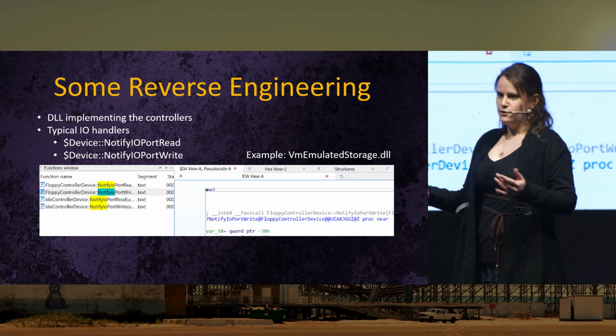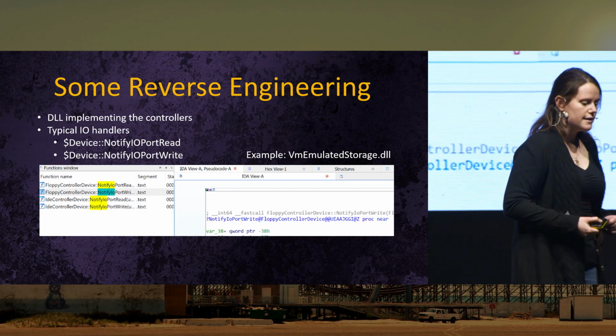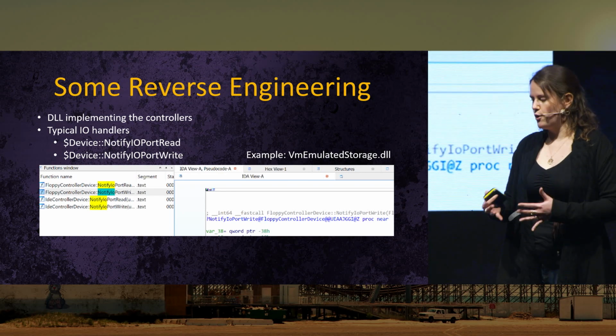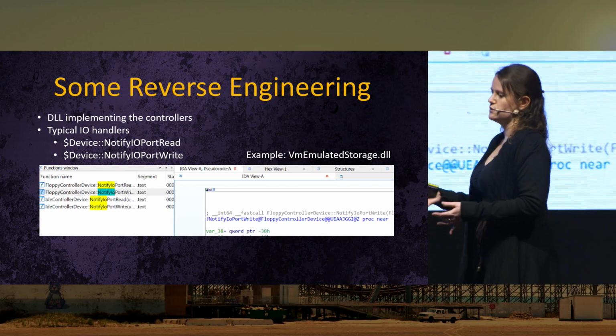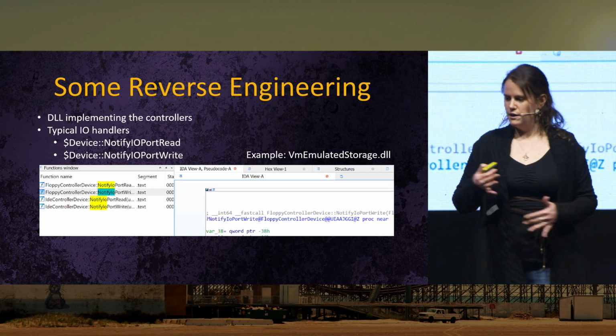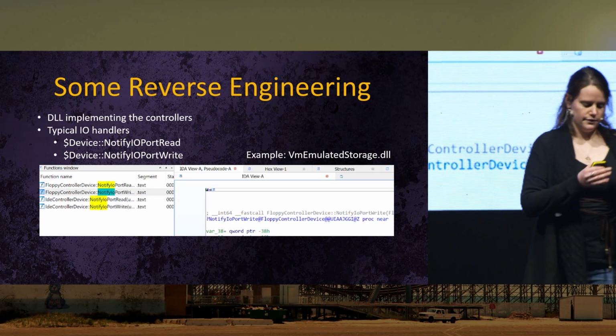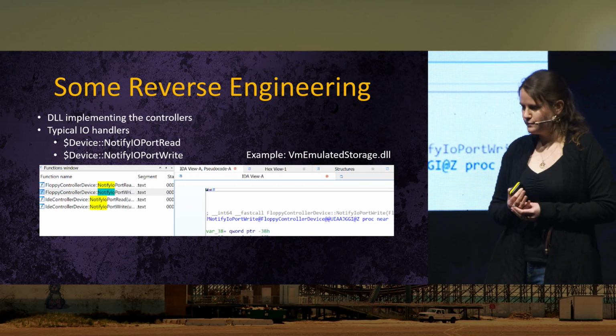The starting point for me, now that we know that the code is in DLLs loaded by the worker process, is to get to know what's going on. We want to look at those in-out instructions, where they are issued, what's going on, and the flow, and eventually what's going on in those DLLs to handle those instructions.